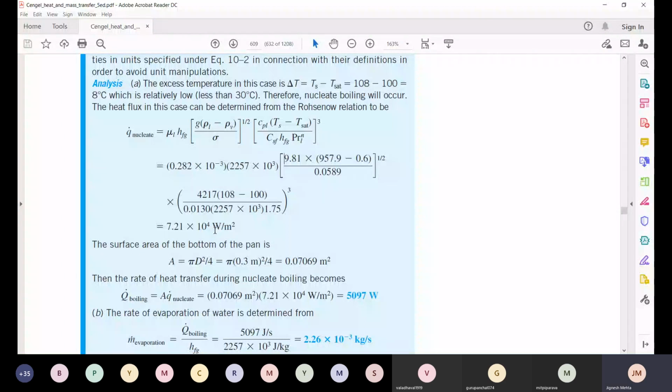That's the heat flux. Now how much is the area of the surface? You multiply it with that and you get 5097 watts. So that is roughly 5.1 kilowatt. Right? That's the heat transfer rate that you get. Okay.